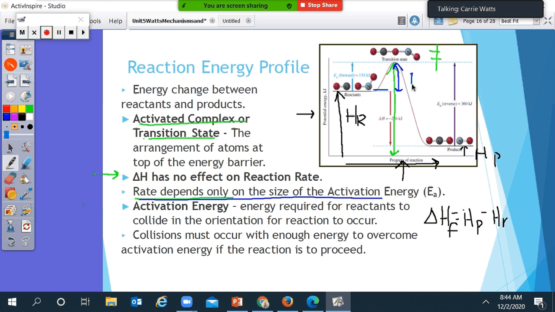That's called the activation energy. So it's the minimum energy required, if they're in the right orientation, for a reaction to occur. And you measure it from the reactant's energy all the way up to the activated complex. And again, what I've been measuring so far is all for the forward reaction.